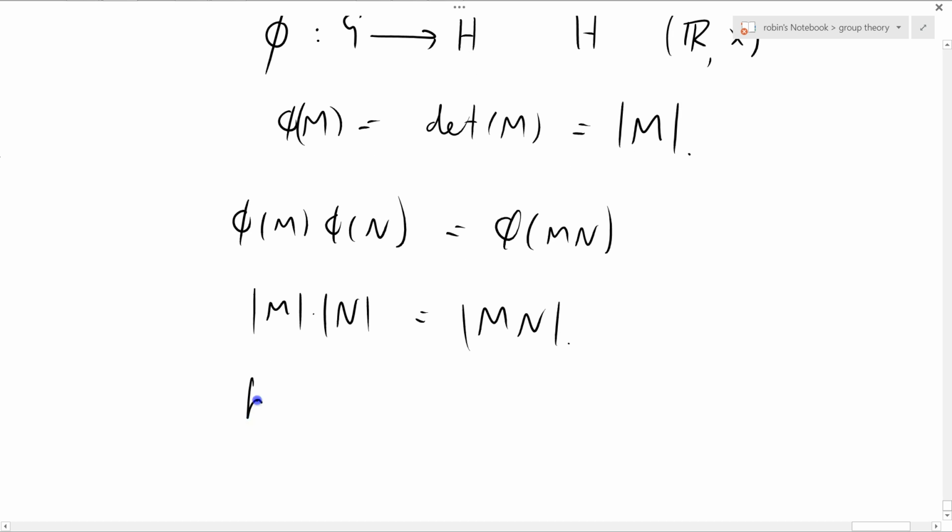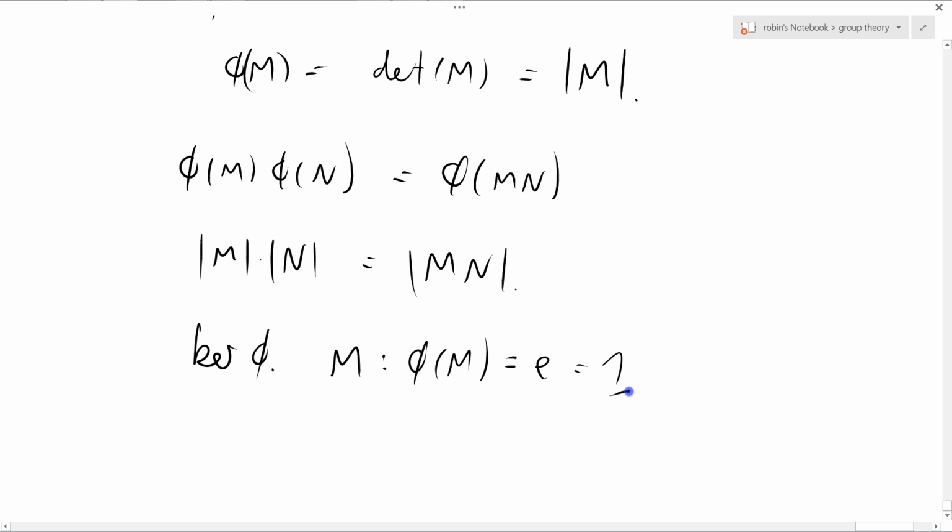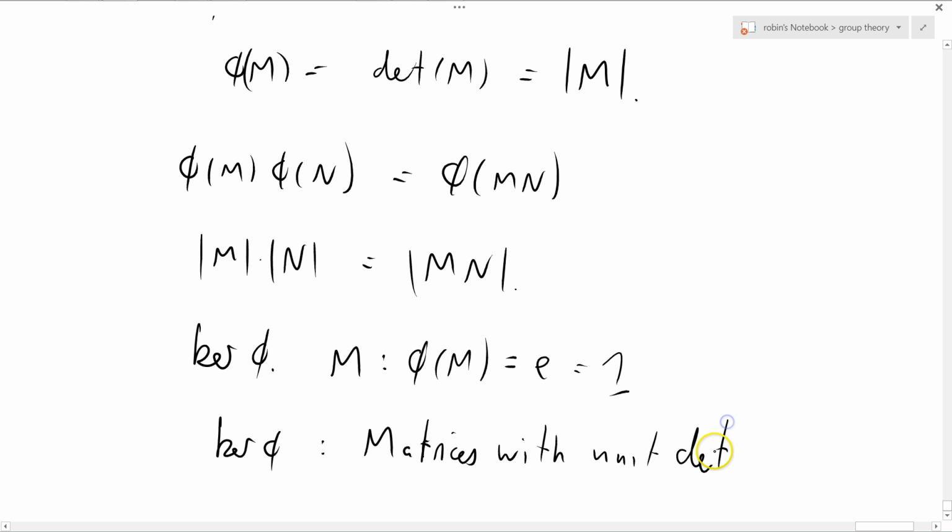So what's the kernel of phi? Well, we know it's a normal subgroup of G, a normal subgroup of my set of matrices. That's just M such that phi of M equals the identity, which in this case is just equal to 1. So the kernel of phi is just matrices with unit determinant.